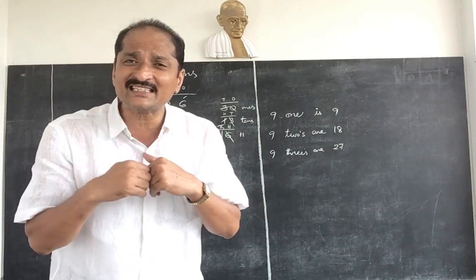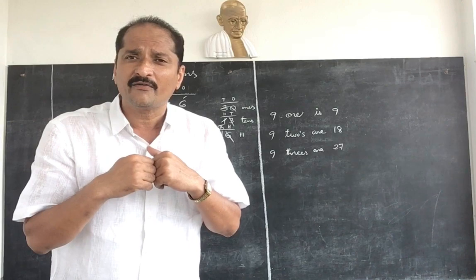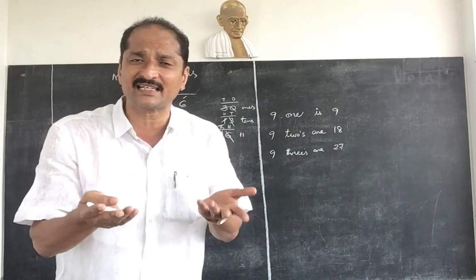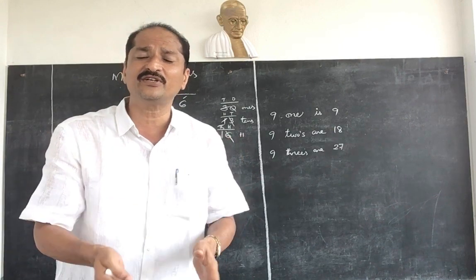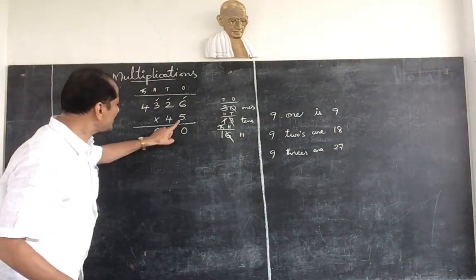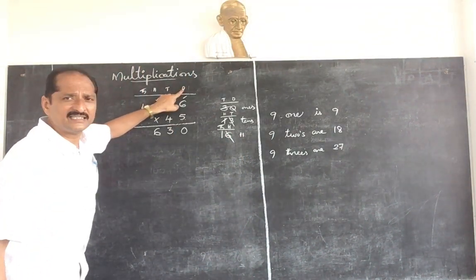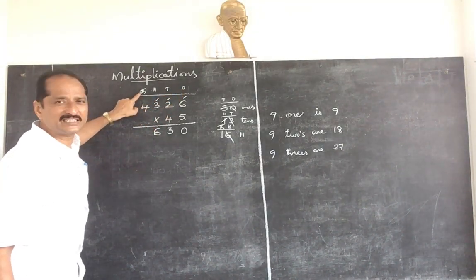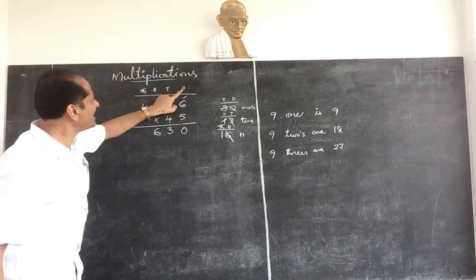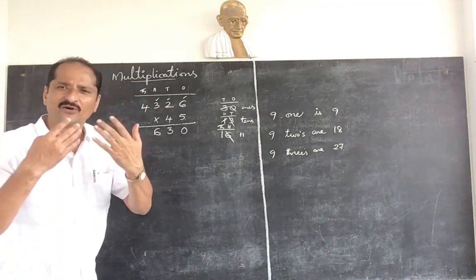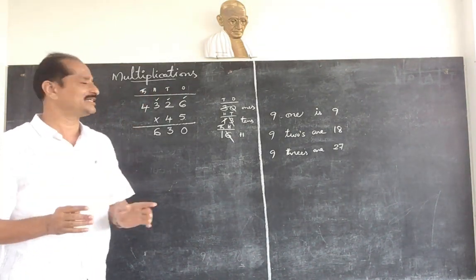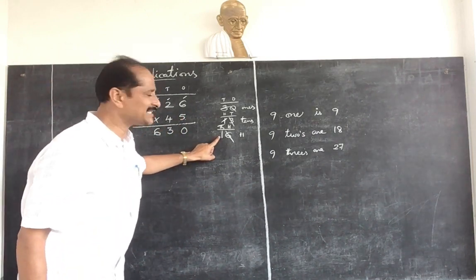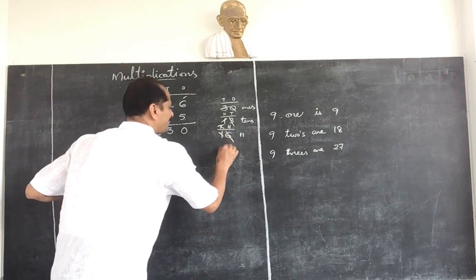Why are you saying 20 as thousands? Why not hundreds or ones or tens? Because 5 is in ones place, the ones place digit we are multiplying with the 4 in thousands place. So 1000s are thousands. So 5 fours, 20,000 we got. 20,000 plus 1000 gives 21,000.